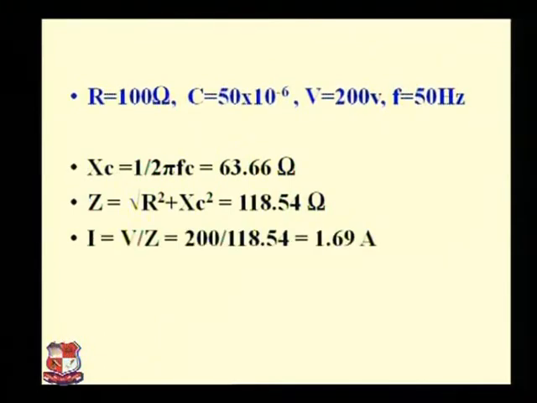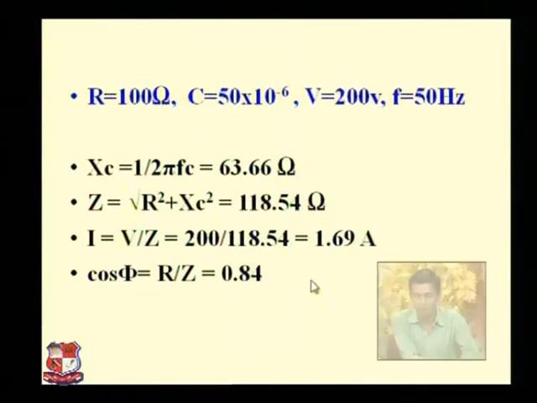Next value is current. Current is directly given by voltage divided by impedance. Voltage is 200 volt divided by the impedance value 118.54. We get 1.688 something value. So we convert it into 1.69 ampere. Next is power factor.